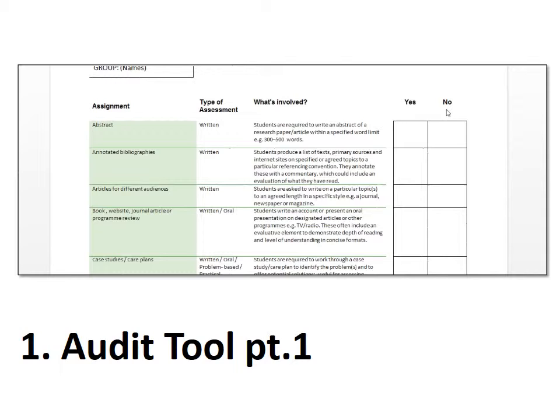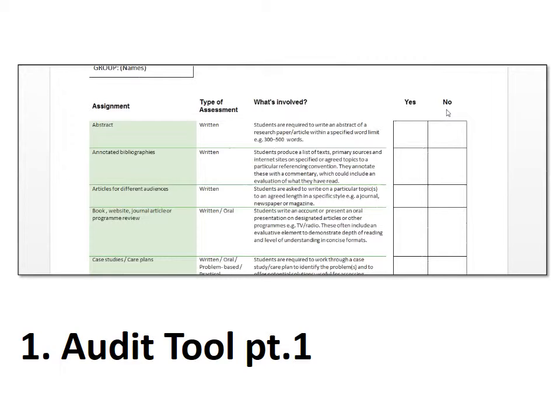At the end of this exercise, you'll have an idea of the diversity of assessment types in your department. You'll also have an idea of the kind of assignments that you don't undertake, and that may be the reason to have a conversation.